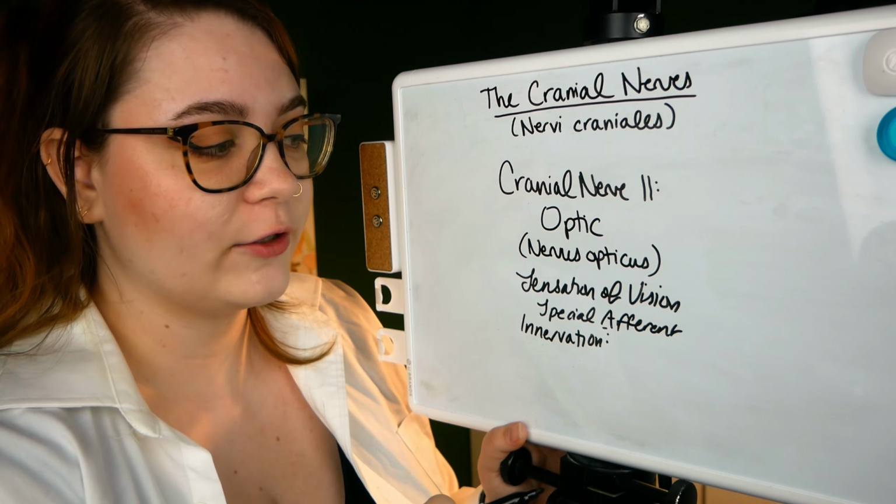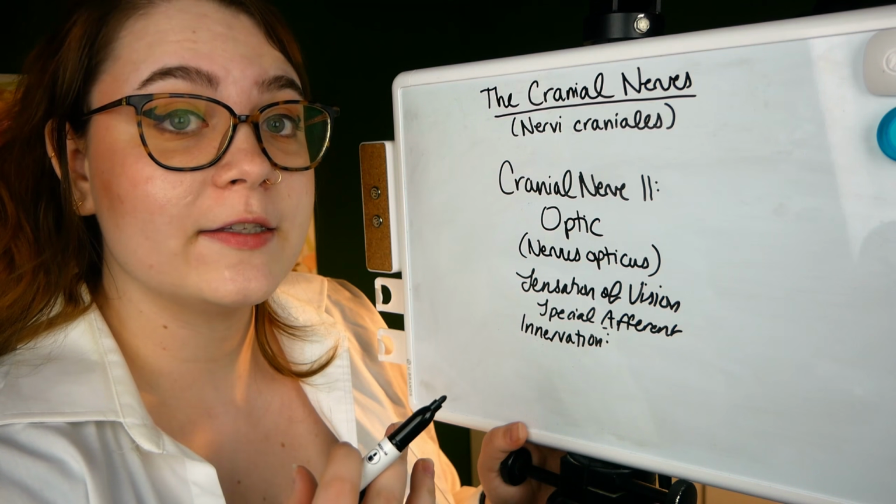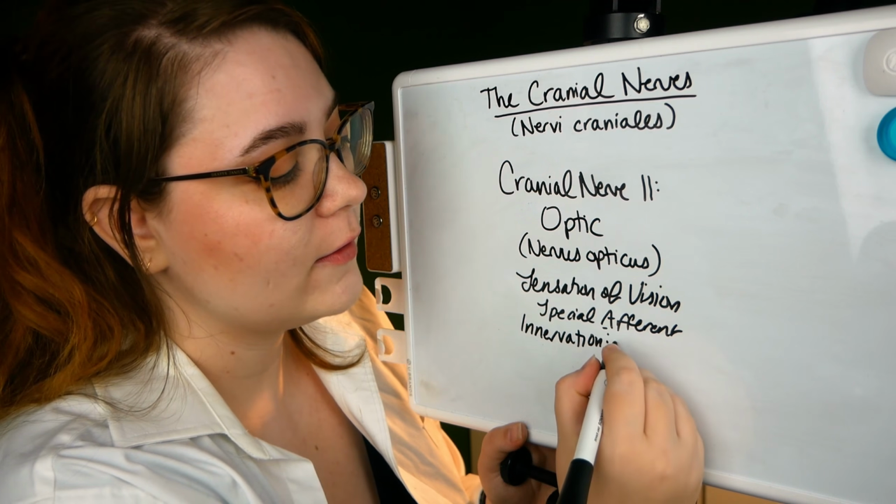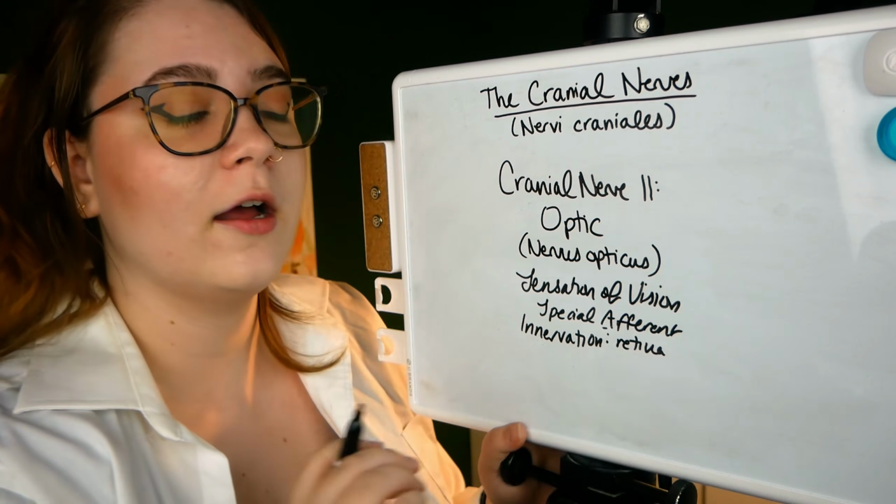And like the olfactory nerve, it originates in the cerebrum of the brain, and it innervates the retina of the eye. Our first test for cranial nerve number 2 is going to be to test your visual acuity with the Snellen chart.